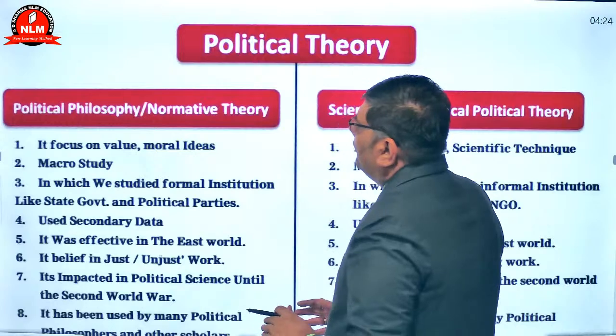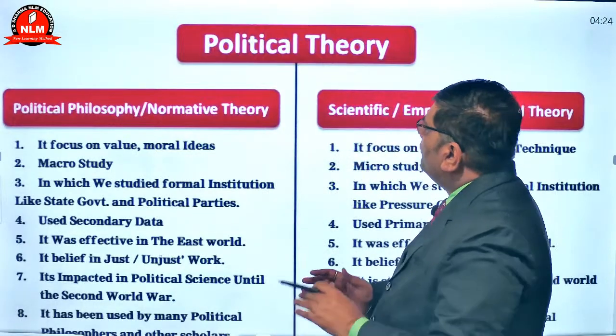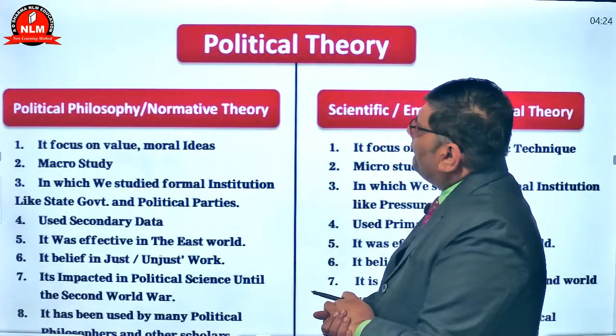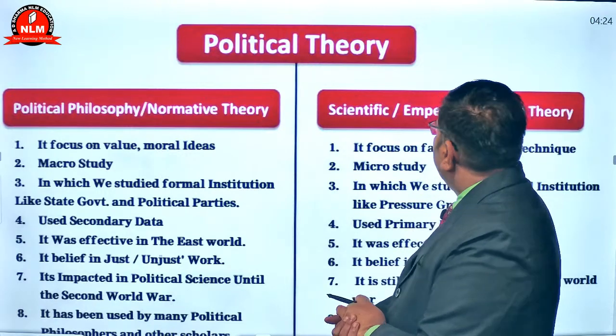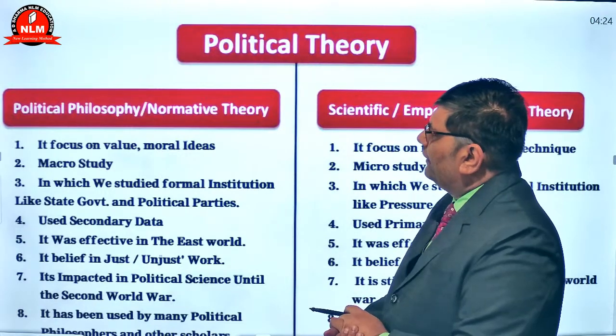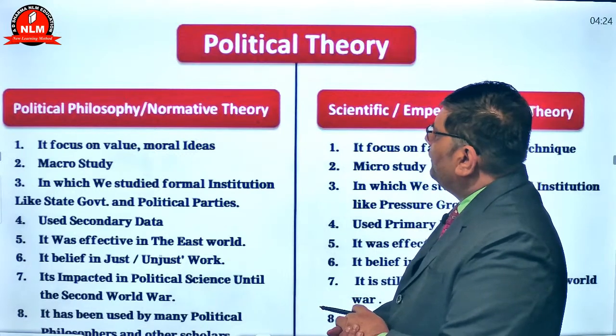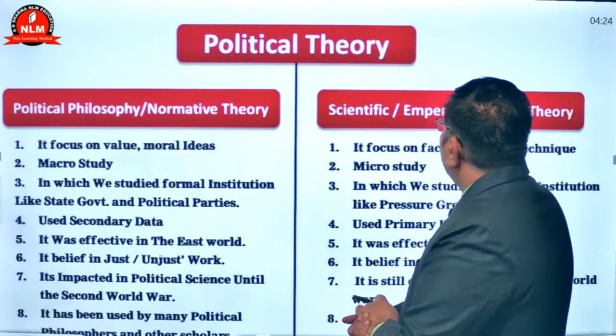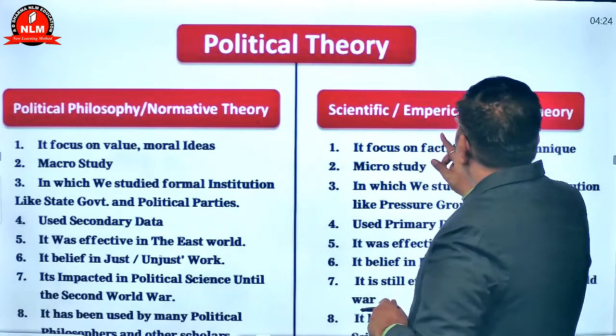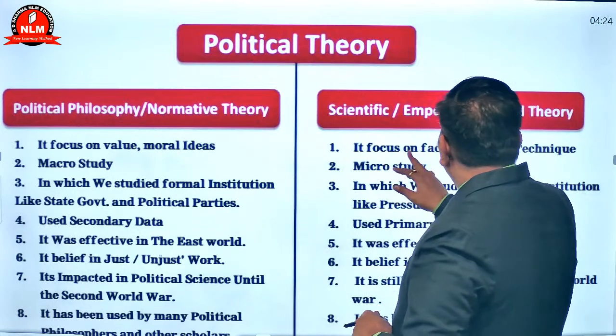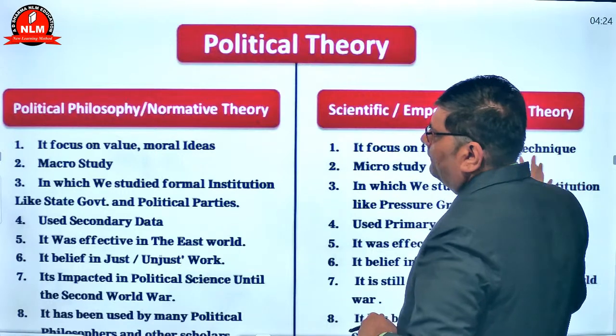Now we draw a distinction between political philosophy and empirical political theory. First of all, political philosophy focuses on value, morals and ideas. Empirical political theory focuses on fact and scientific technique.